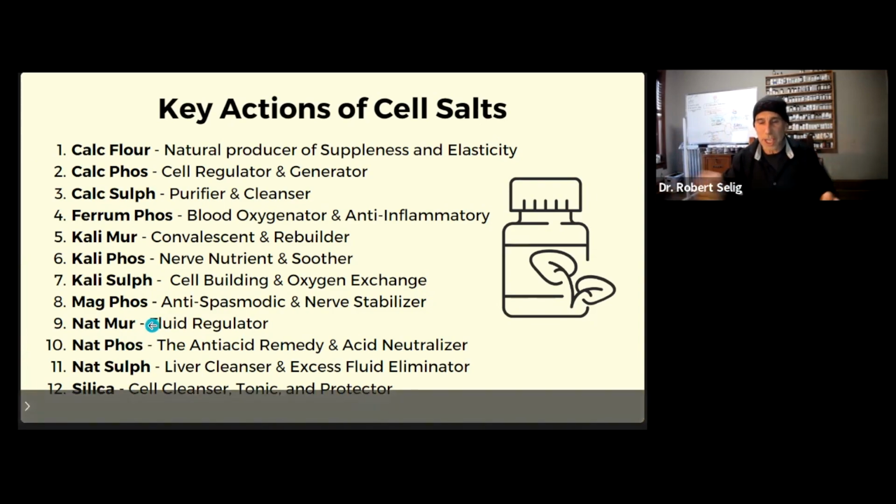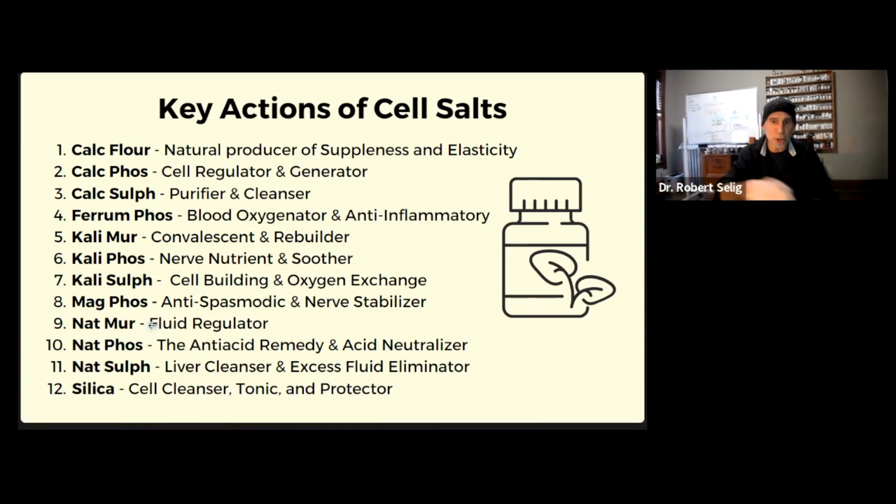Mag Phos, you take 10 pellets of the Mag Phos, put it in some warm water, sip that, works better than Midol, and it will help relieve the spasms of the body. So I love the magnesium phosphate.